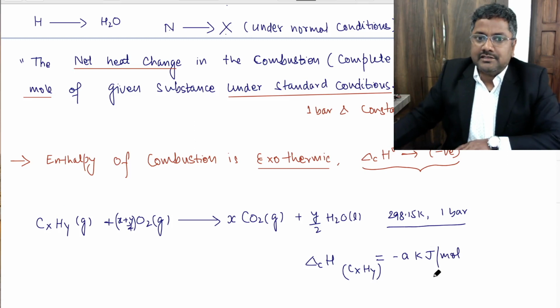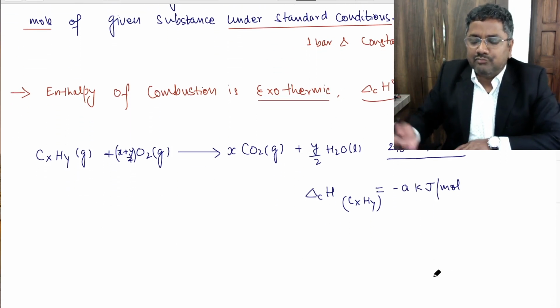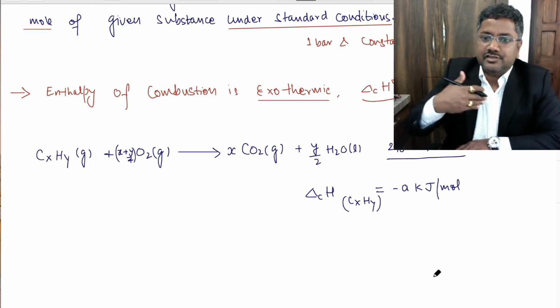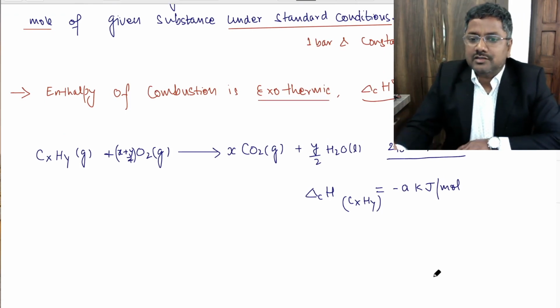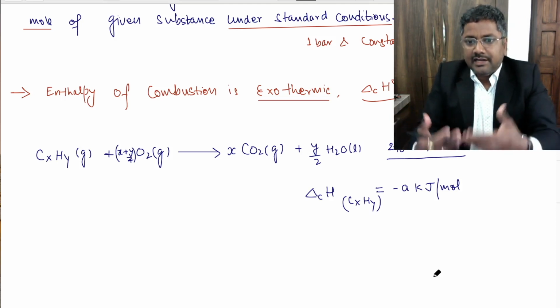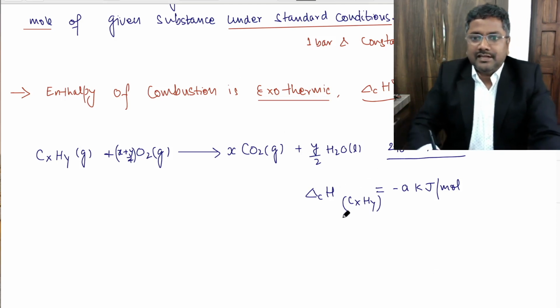And if it is asked for the heat of combustion, that means how much heat energy is released from the system. Sometimes in tables you may get this value positive, but every time you have to understand it like this: if we are talking about the enthalpy, delta H combustion, this is minus A kilojoules per mole.